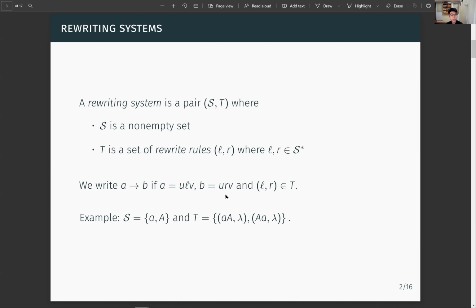So for example, the set S comprises 2 elements, small a and large A, and T has 2 rules. a reduces to lambda, and large A small a also reduces to lambda. Lambda is the empty symbol.